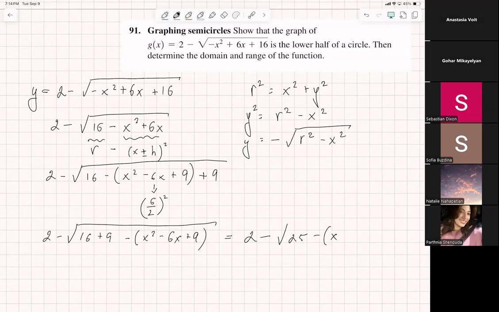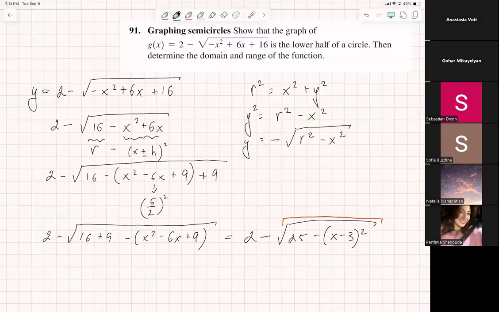So I have x minus 3 squared, right? Now this is better, right? Because now we can see that this part right here resembles our semicircle. With the minus, that would be also the lower part, right?